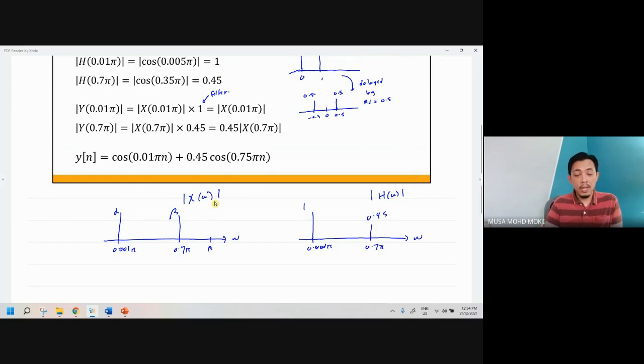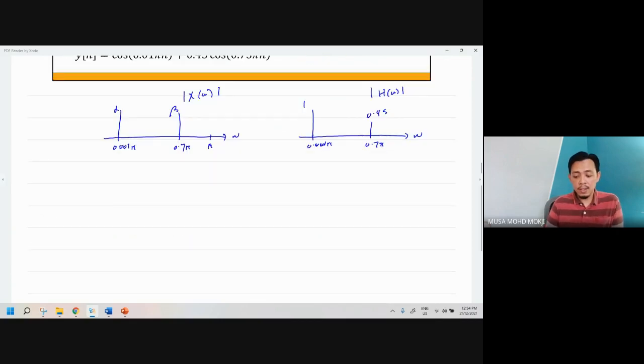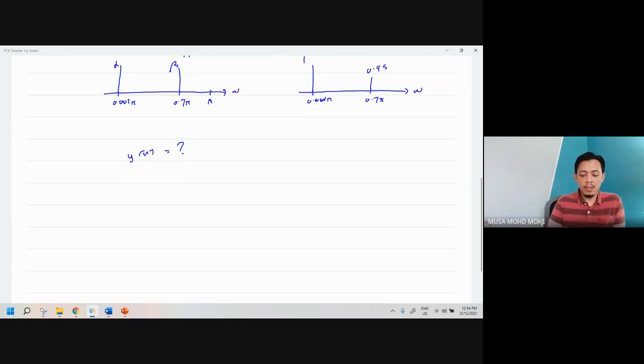So now we have X omega and H omega. What we want is the Y omega, so actually we want to find y[n]. First we need to find out the magnitude.